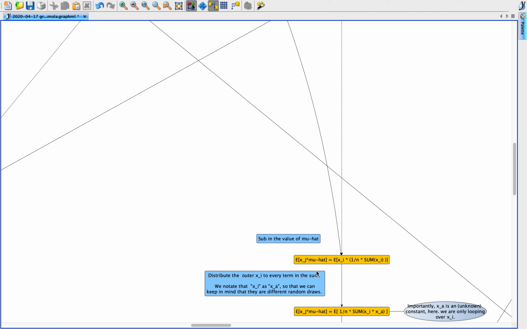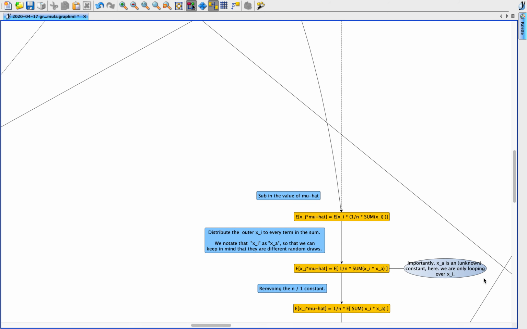So we distribute the outer xi into every term of the sum. So we have the sum here, and we're going to notate that xi as xa so that we can keep in mind that they are different random draws. Also, importantly, xa is an unknown constant here. We're only looping over xi.